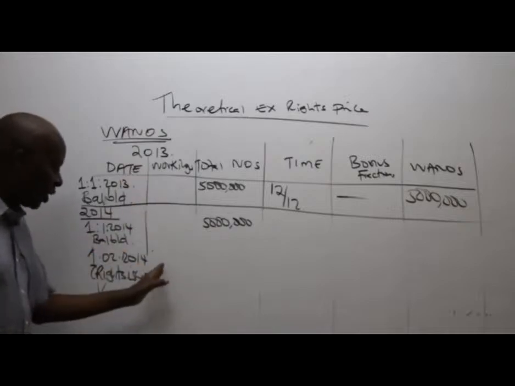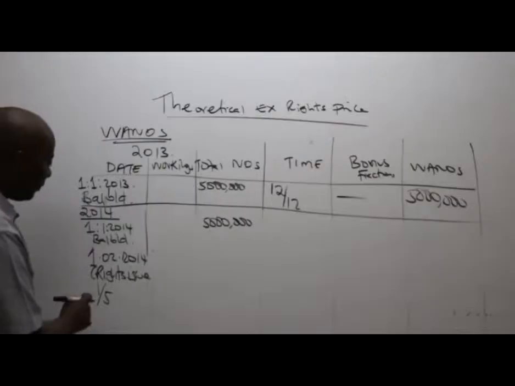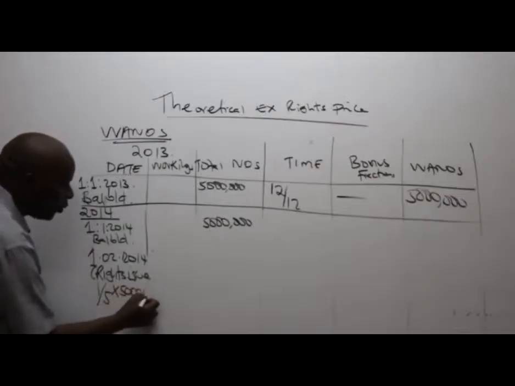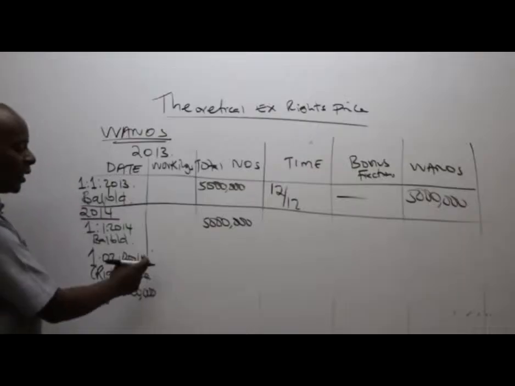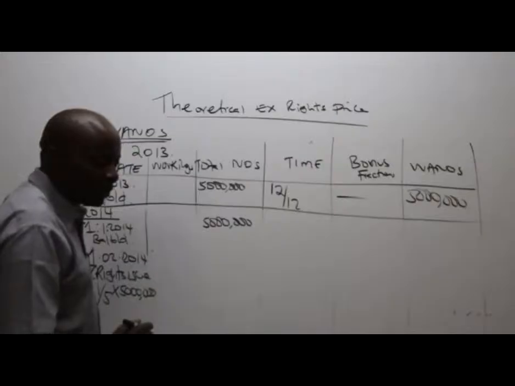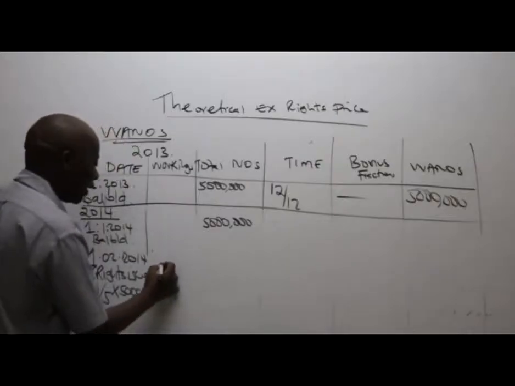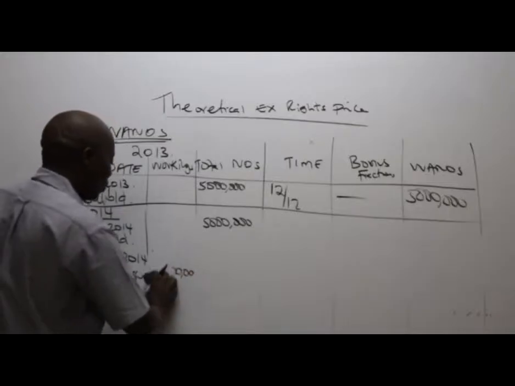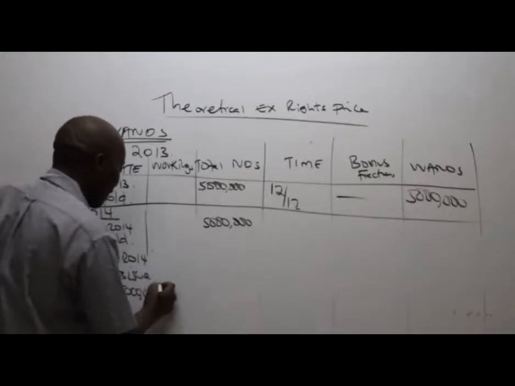If you wish, you can use this column for workings, but if I'm the one doing this, I'll take 1/5 of 5 million, which gives me how many shares here, somebody? 6 million shares? No, 1 million.